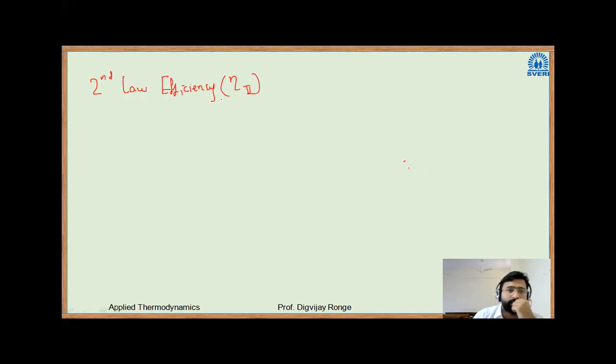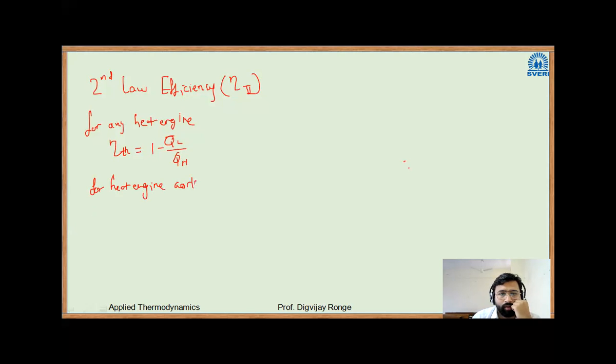So what is second law efficiency? See, for a heat engine, the formula is 1 minus QL by QH. So you calculate this thermal efficiency.